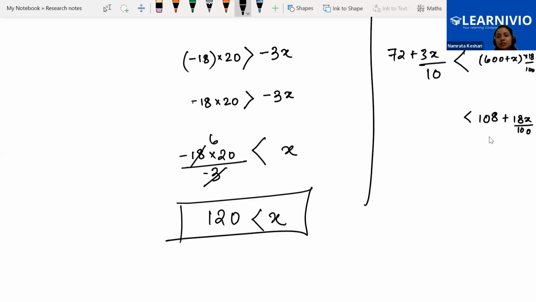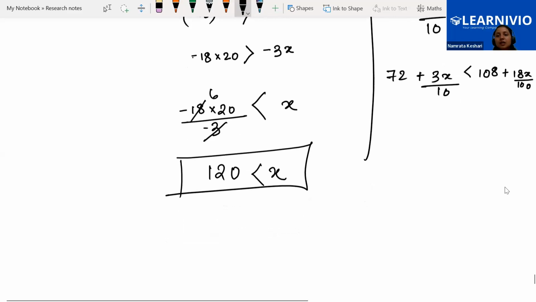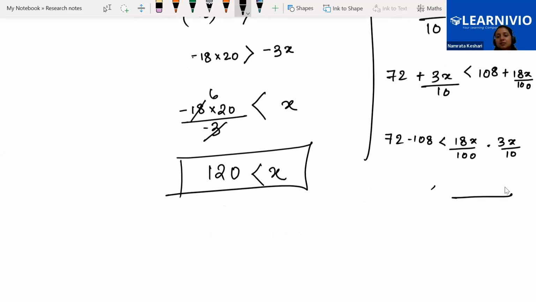Let's keep it as it is. It will help while doing the calculation, because here the denominator is 10. If there it will be 100, directly we can find the LCM. So 72 minus 108 is smaller than 18x by 100 minus 3x by 10.